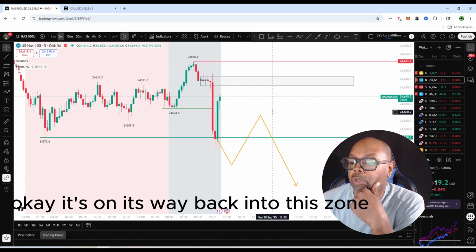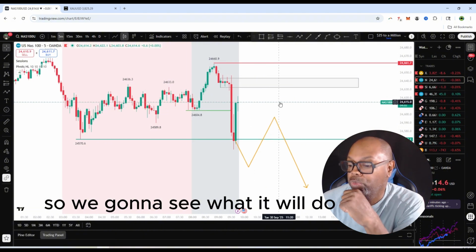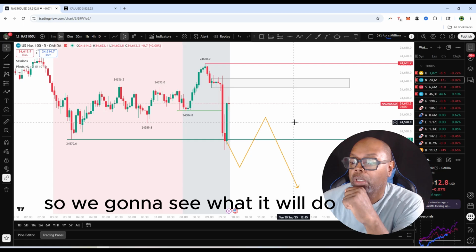Okay, it's on its way back into this zone, so we're going to see what it will do.